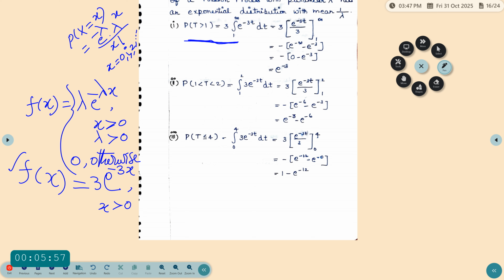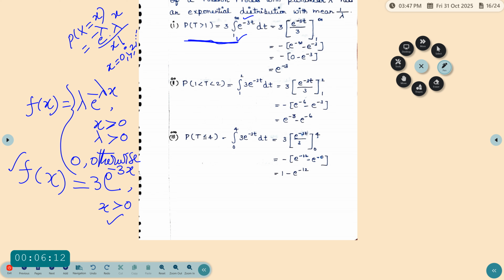The lower limit is 1 and the upper limit is infinity, based on the given definition f of x equal to 3 e power minus 3x with x greater than 0.